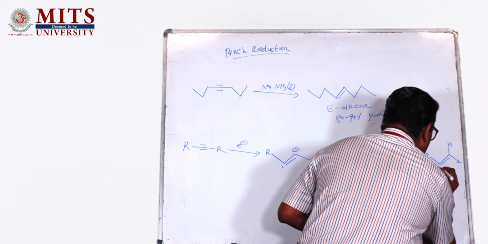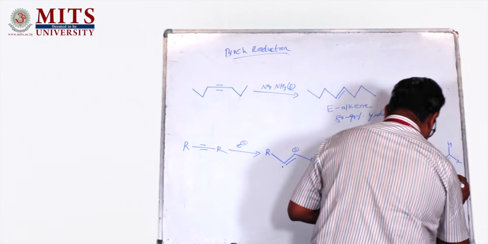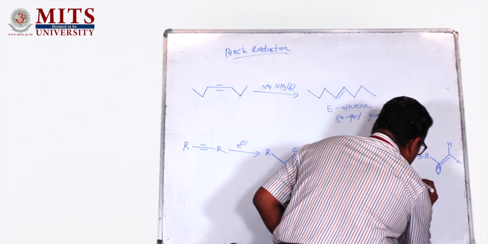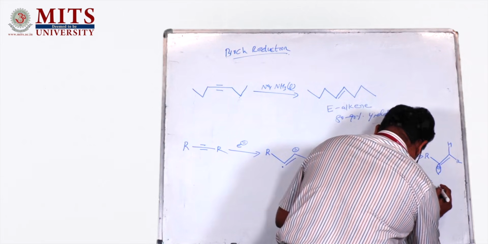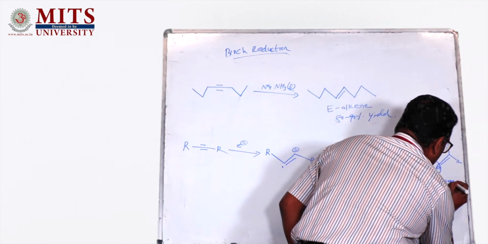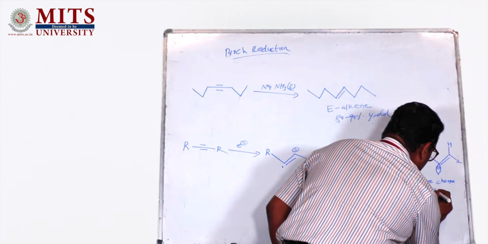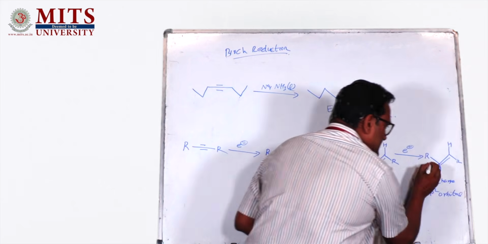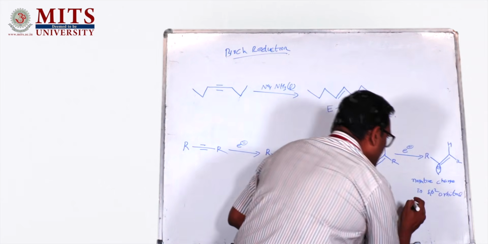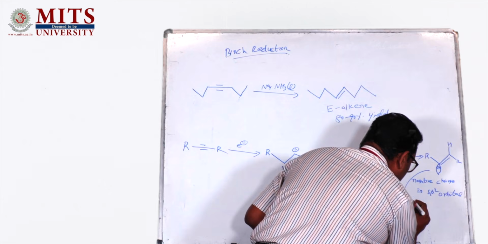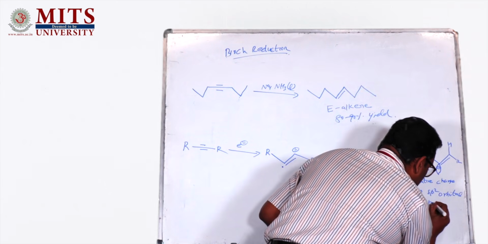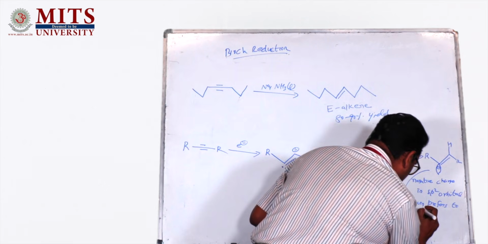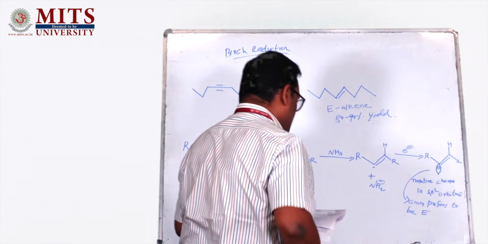Here you will have a negative charge in an sp2 orbital. This anion, my dear students, prefers to be the E isomer.